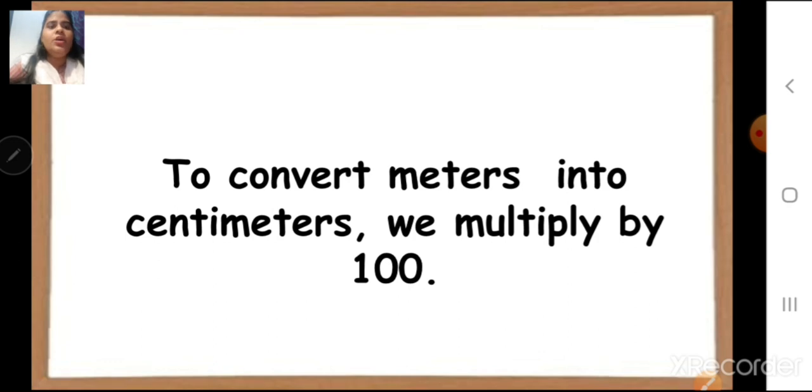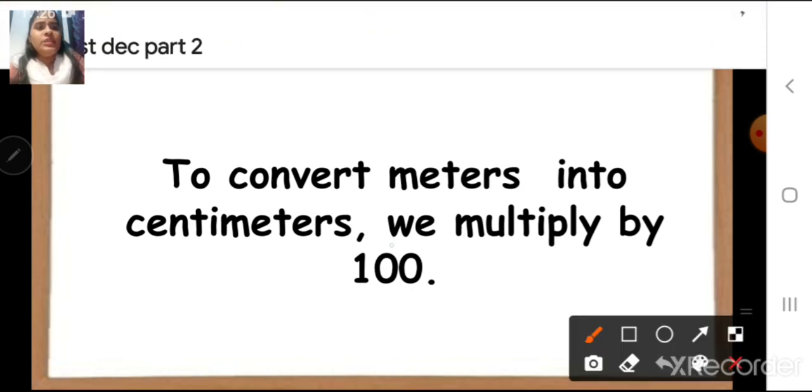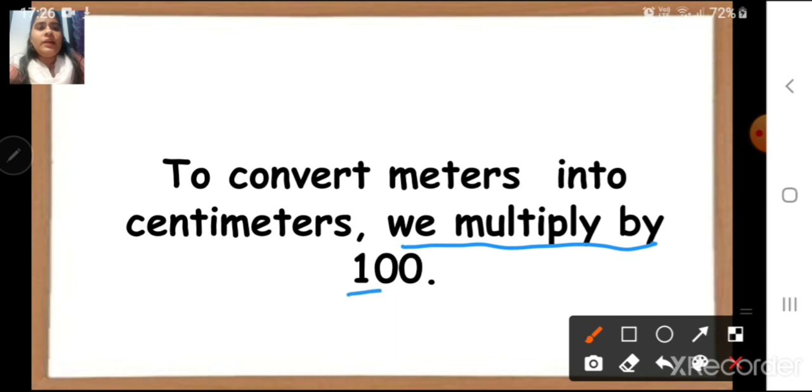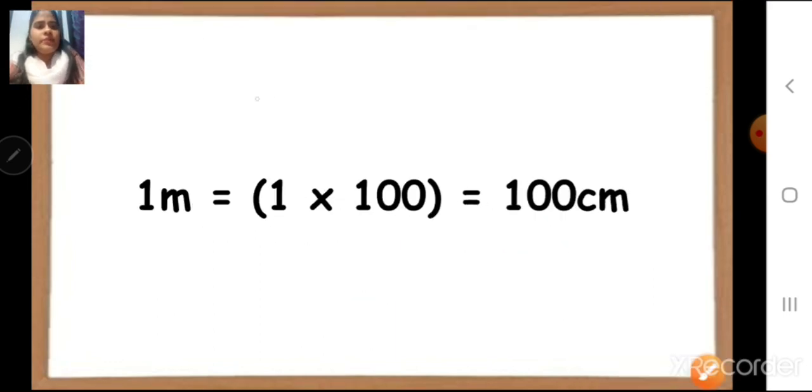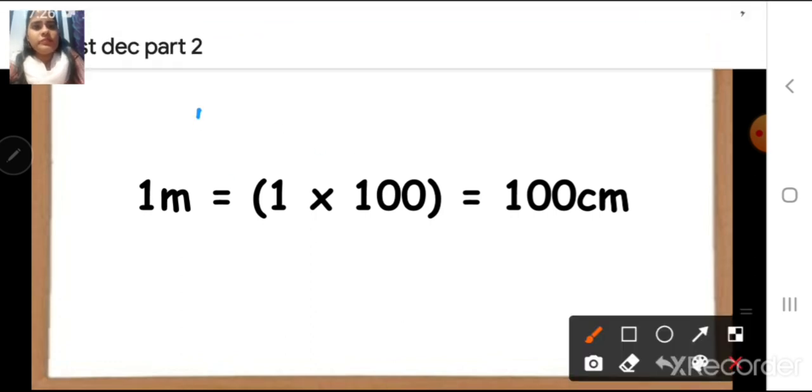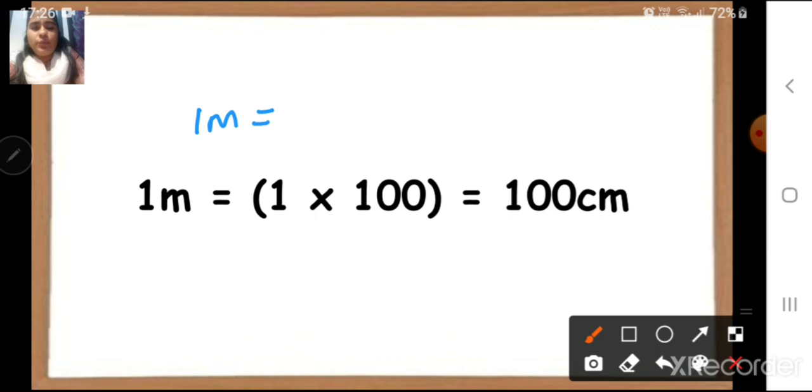Okay. Now to convert meters into centimeters, we multiply by 100. This is very important here. What we do is we multiply by 100. How? This way. See. 1 meter is equal to 1 multiplied by 100.